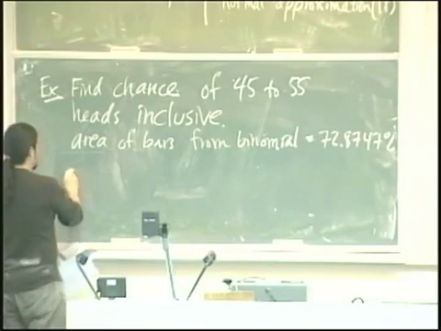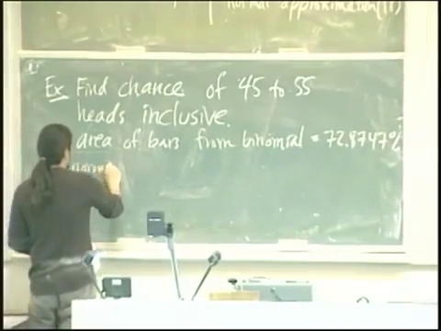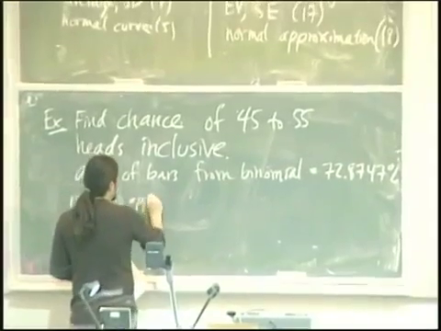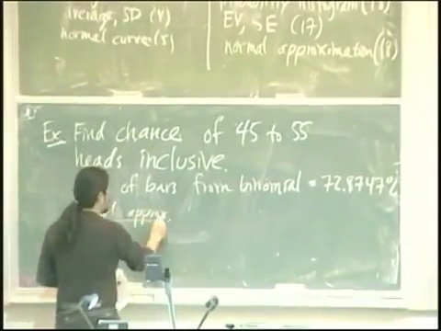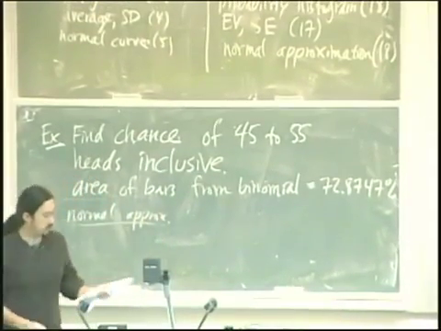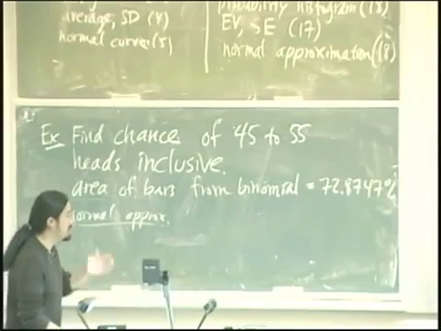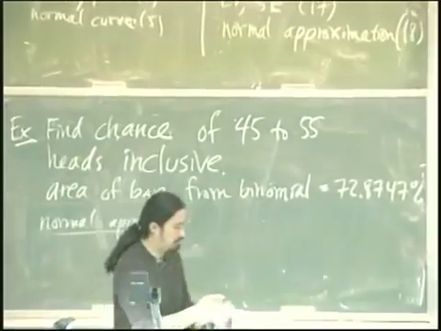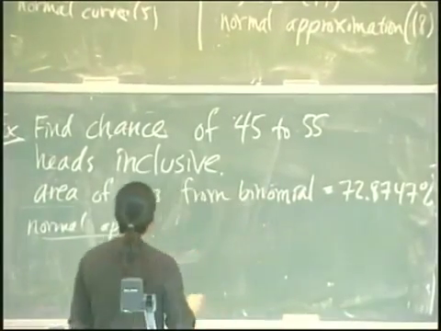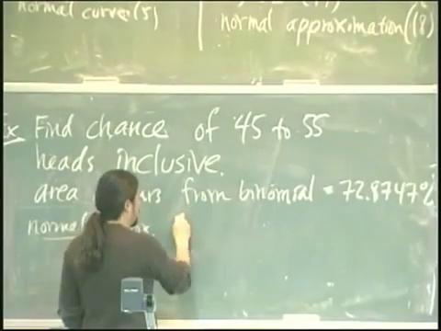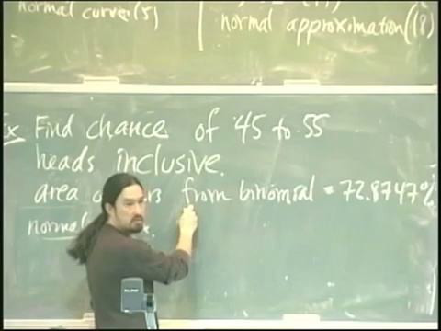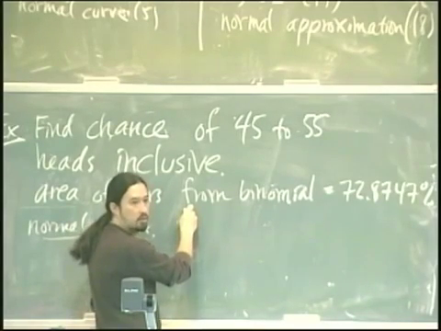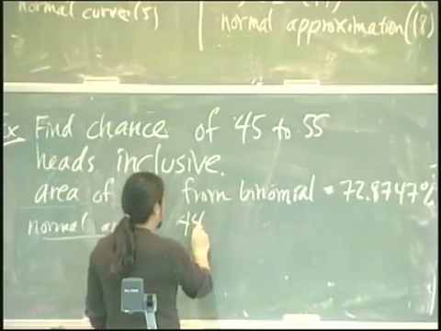Doing normal approximation, I want to find those two edges, right? The edge of the far left bar, the edge of the far right bar, converting to standard units. So I'll do the far left one first. What do I want to use for my value? 44.5, right?